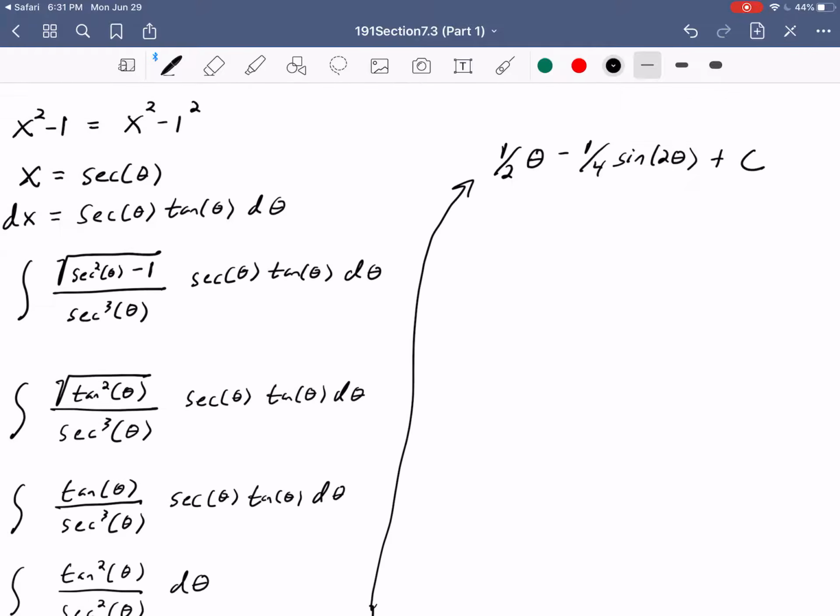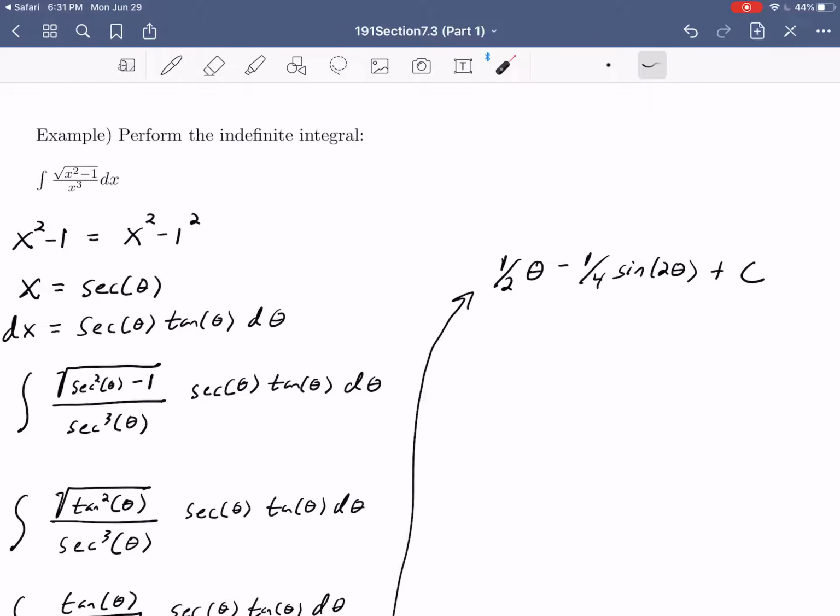Okay. Now, even if we start to use our standard trick of drawing out the triangle, that triangle is going to be based on theta. It's not going to be based on 2 theta. So at this point, the first thing that we want to do if you ever have a different argument than you originally started with is you're going to need to put this back in terms of the original argument, which means the original theta.